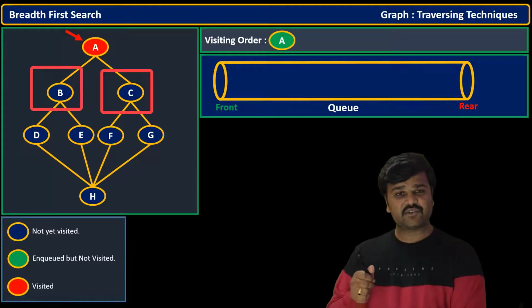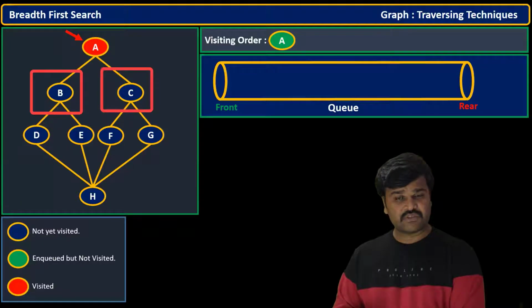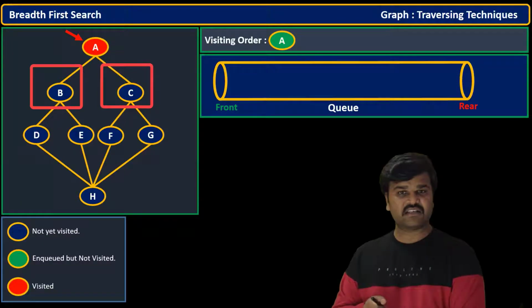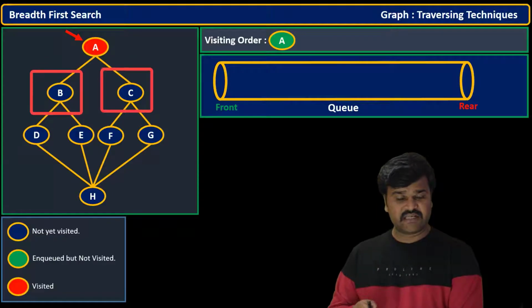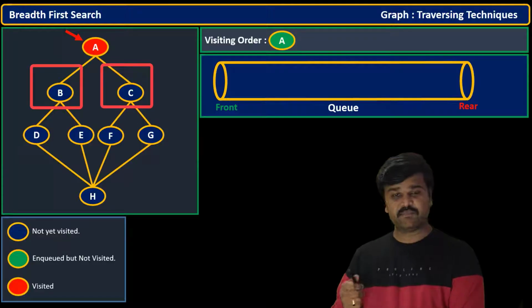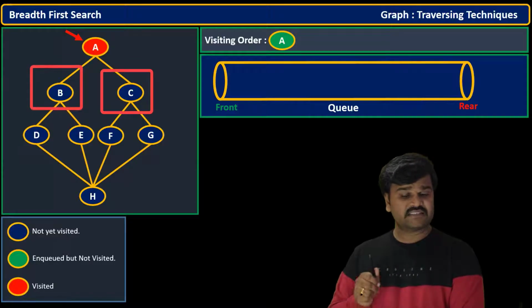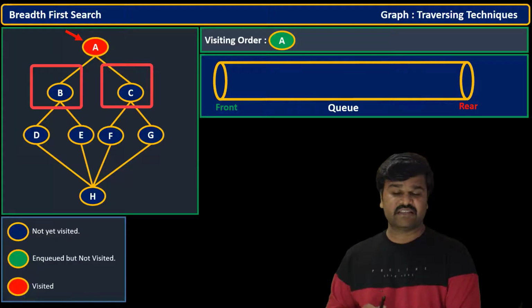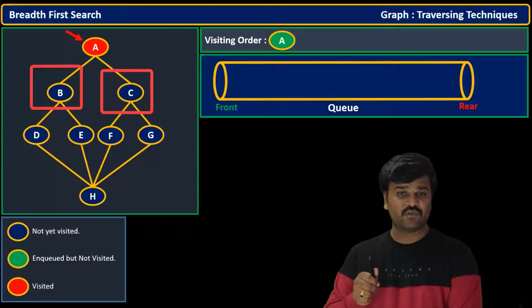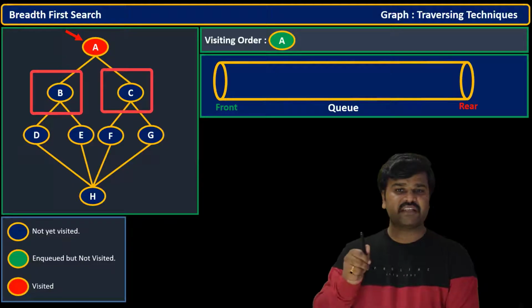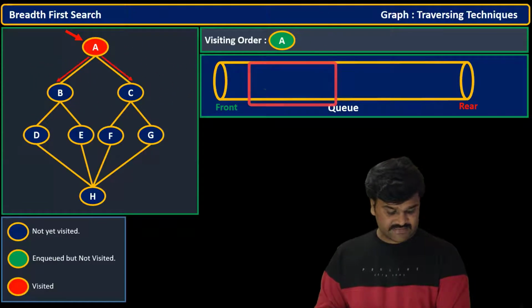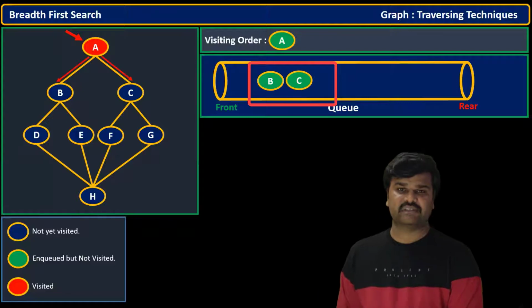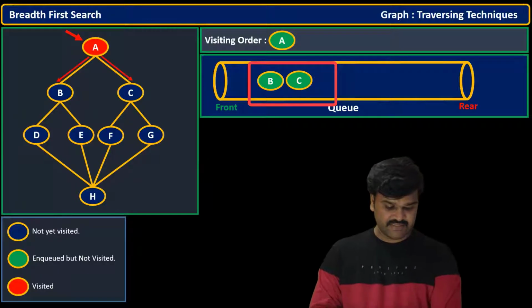Whatever vertices you identified which are not enqueued, you enqueue them in any order. So B and C: first B and then C, or first C and then B. In any order, you can enqueue all adjacent not-enqueued vertices into the queue. That means all blue colored adjacent vertices, you simply enqueue them. That's it, simple. So B and C, first B and then C, we enqueue. That is why you can see the front is B and then C.